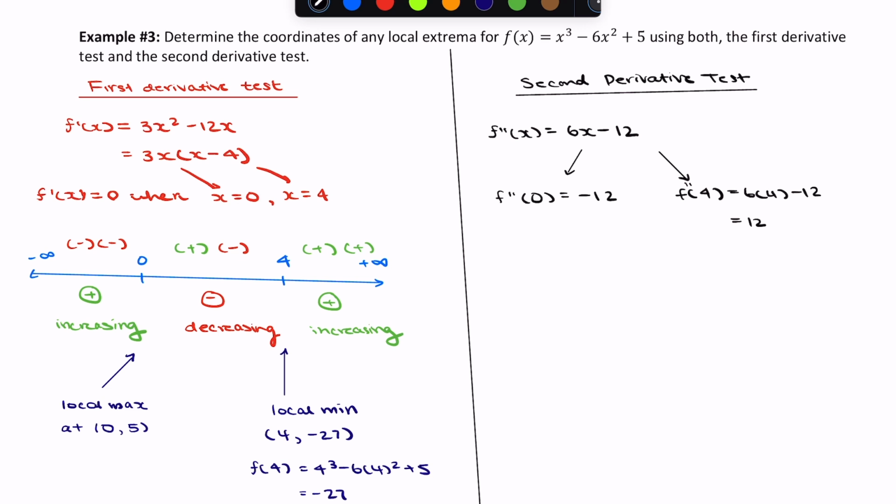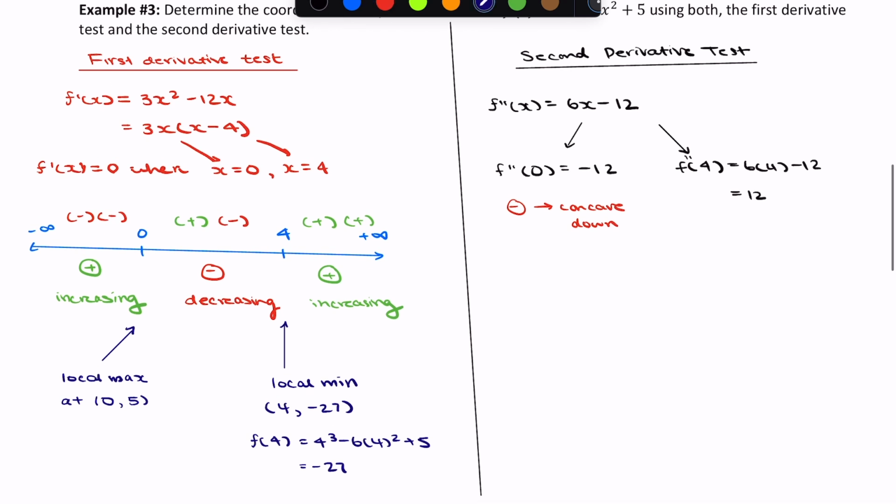So here we see that, again, f double prime at 0 is negative, which means that it's concave down, and that will tell us that there is a local max at 0 and 5.